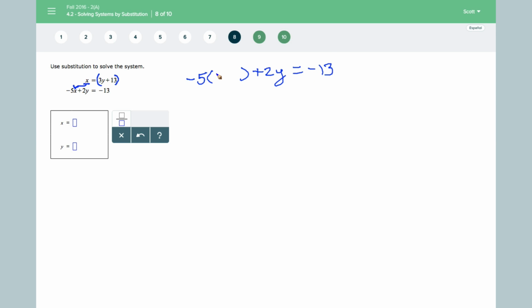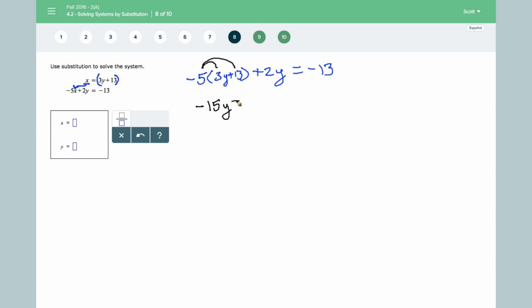My x is 3y plus 13. Now I go ahead and solve. I'll distribute negative 15y, and 5 times 13, I'll do that on the calculator, negative 5 times 13 is negative 65.